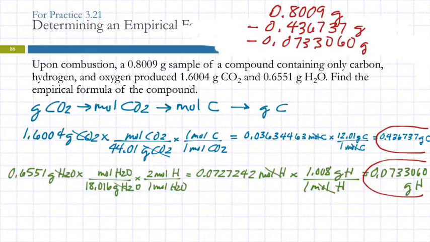That's grams. 0.8009 minus 0.436737 minus 0.073306. And so I get 0.290857 grams of oxygen.